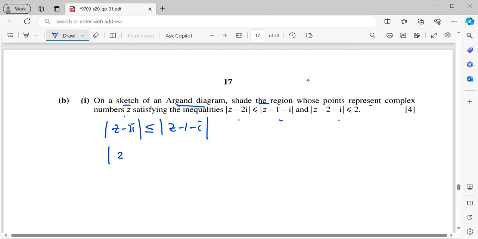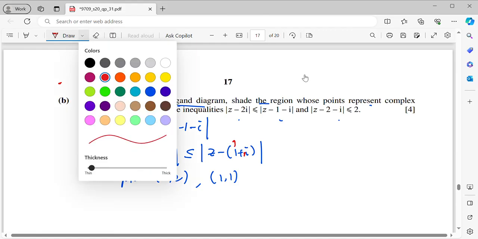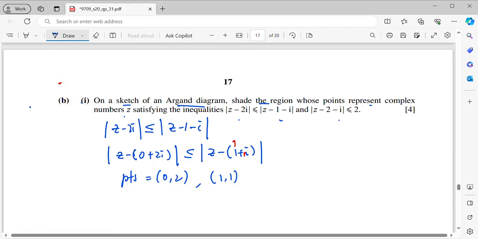I have to express it in general form, which is z minus (0 plus 2i) for the left hand side, and for the right hand side, z minus (1 plus i). That means here I got 2 points. The first point with coordinates (0, 2), and the second point with coordinates (1, 1). To get (1, 1), this is 1 and this is 1i. Then this is going to be the perpendicular bisector.